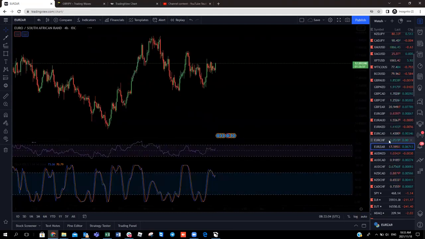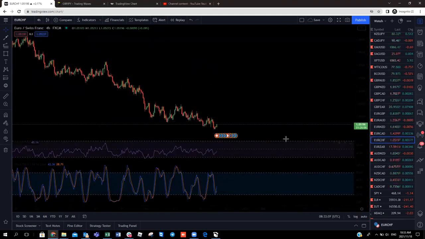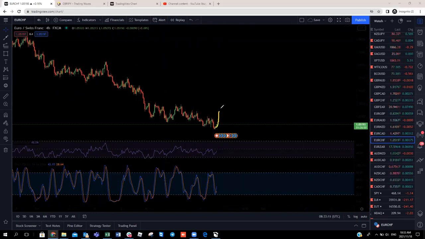Euro Chief is going to give us a three-wave pullback as well. You can see it's coming down there, and there's divergence there. It's making lower lows, so we'll expect this to give us a three-wave pullback.